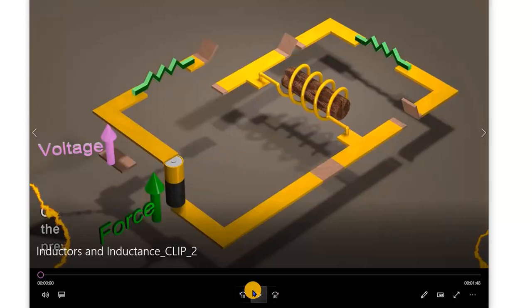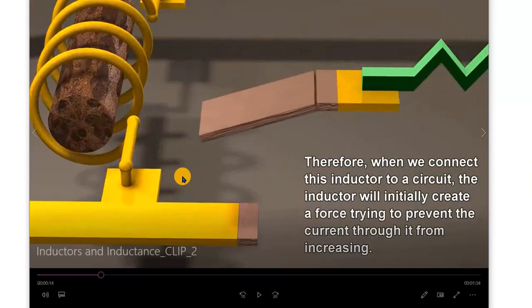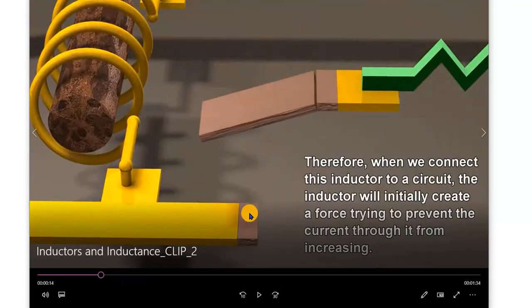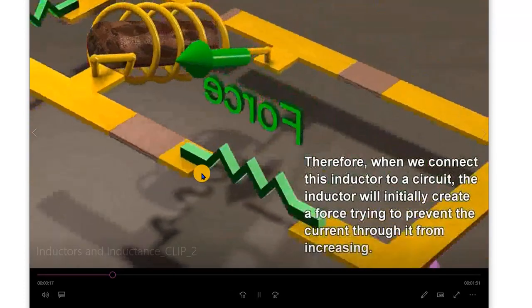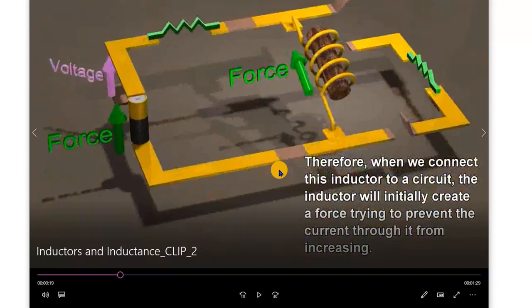Okay, so we are now going to connect the circuit to the inductor, and let's see the initial reaction when the inductor is connected. There we are. So immediately the switch is connected, the inductor offers a counter EMF or counter voltage that opposes the EMF being supplied by the battery.